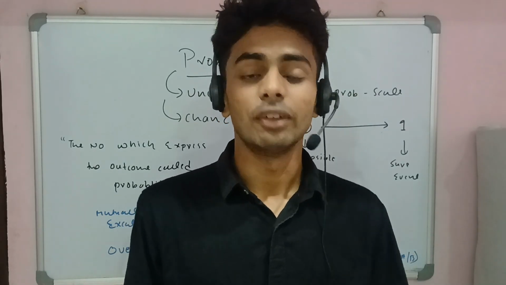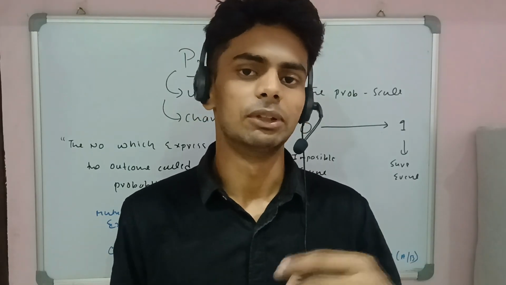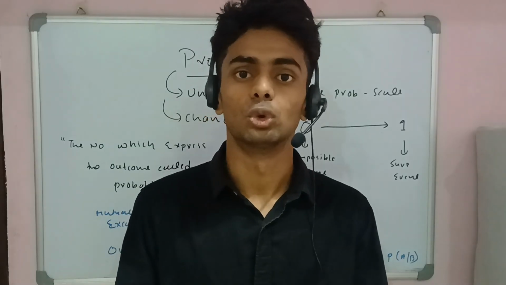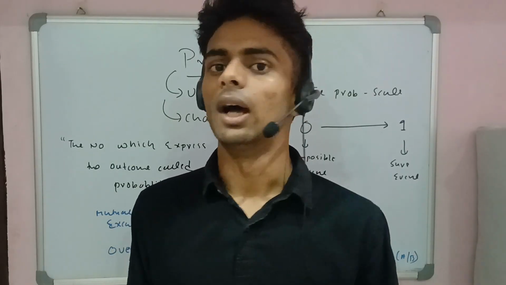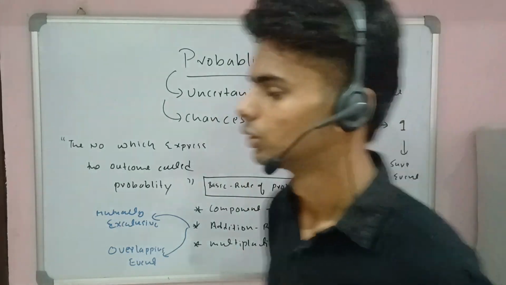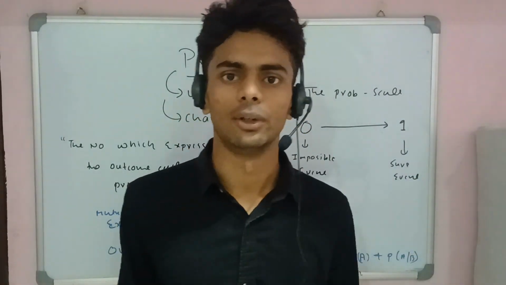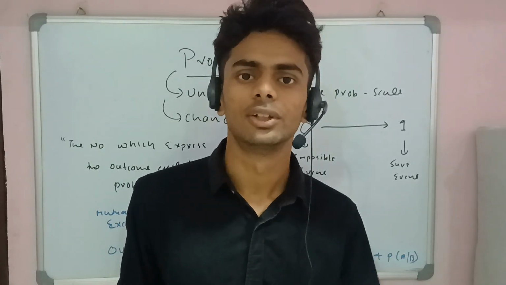In fact, to help you understand what probability is, I will give you two easy words, two magic words. The first one is uncertainty, and the second one is chances. In lots of real world scenarios, we have uncertain knowledge.